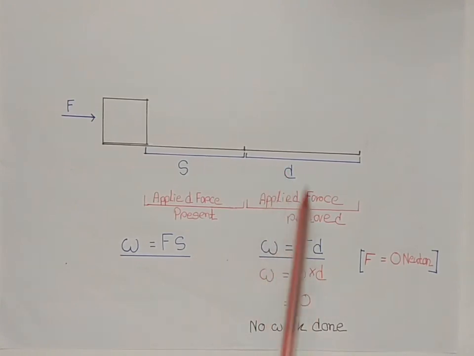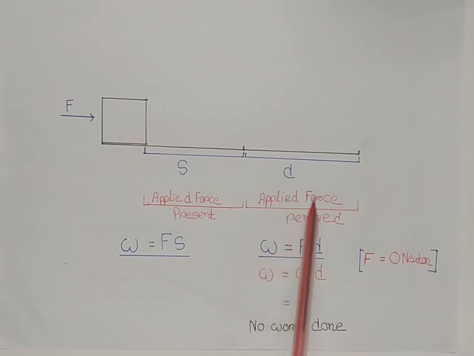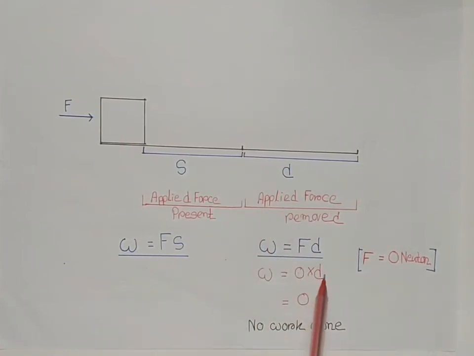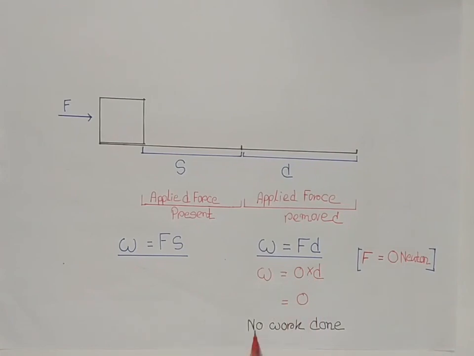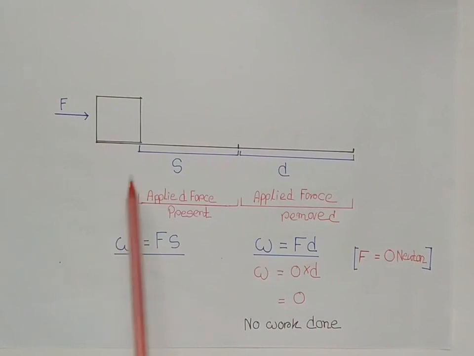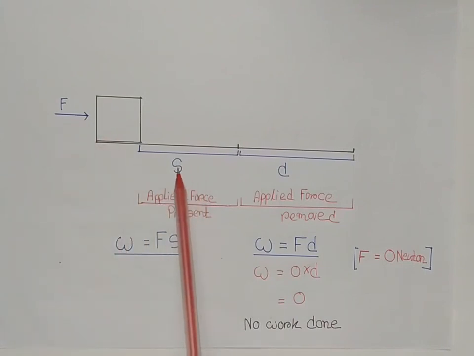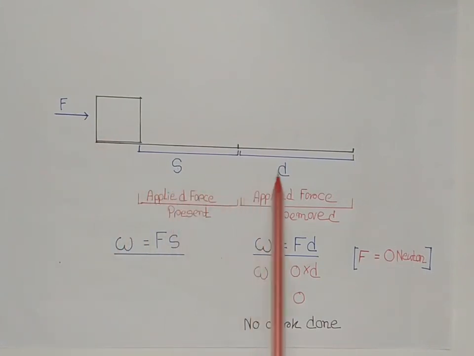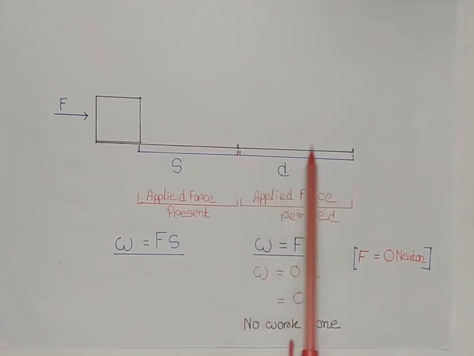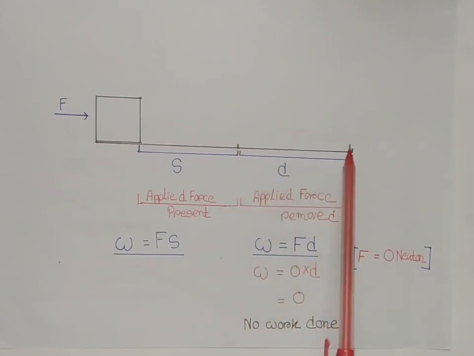Here F is 0 because no applied force. Applied force is removed here. So 0 into d equals 0. So no work done. So we can calculate work done equals F into s, not F into s plus d, because while passing this distance there was no applied force.